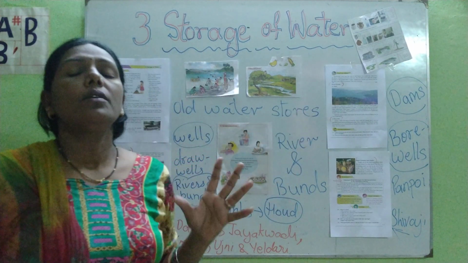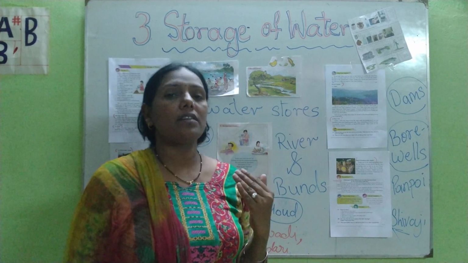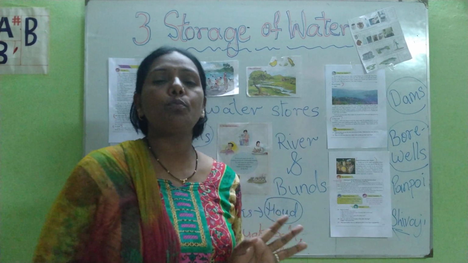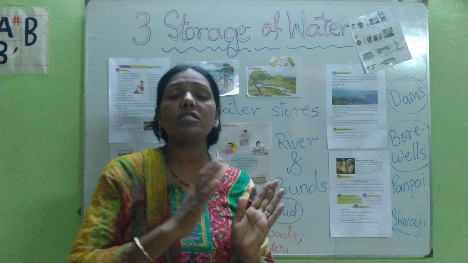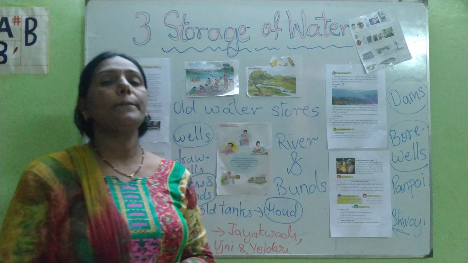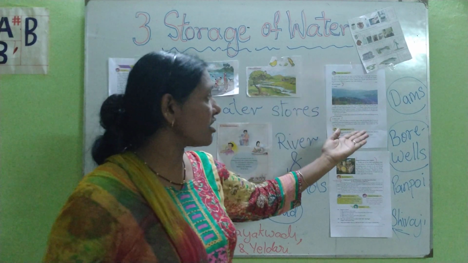So there are many dams built in Maharashtra so that they will help progress in many other ways, because dam water is not only used for drinking purposes, but we can also do agriculture.